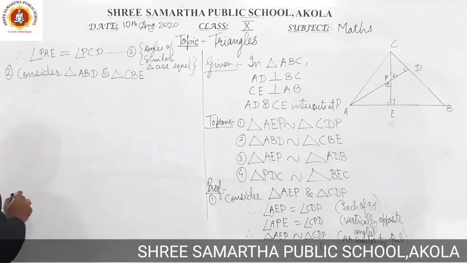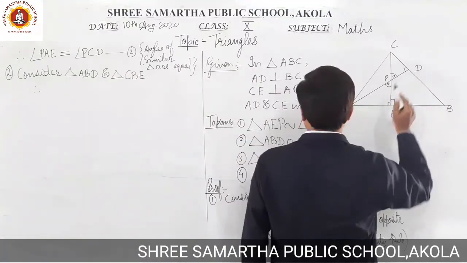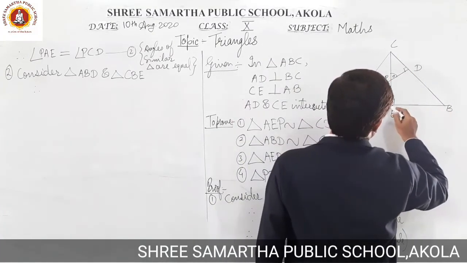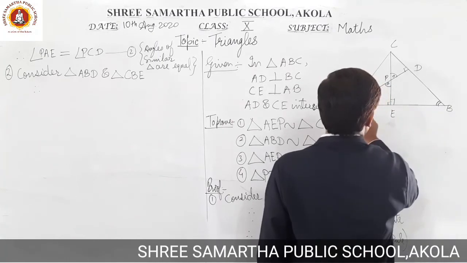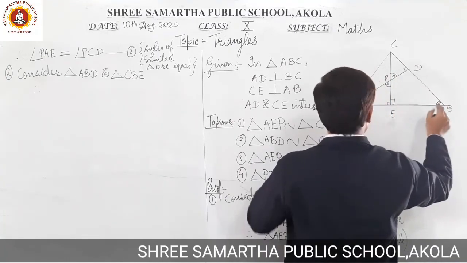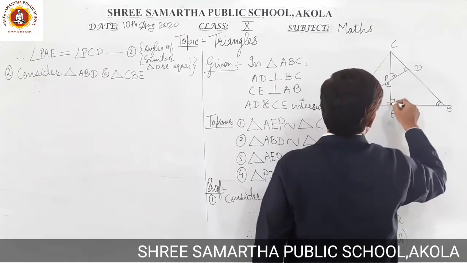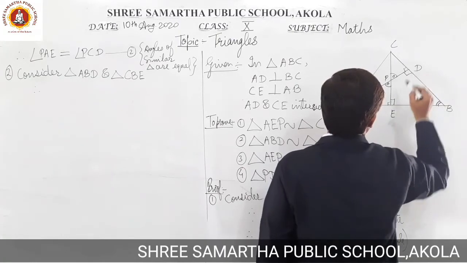Here, angle B is common to both ABD and CBE. Next, see, angle CEB is 90 and angle ADB is 90.